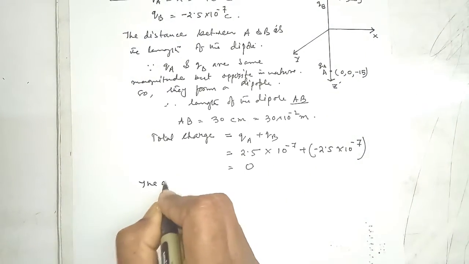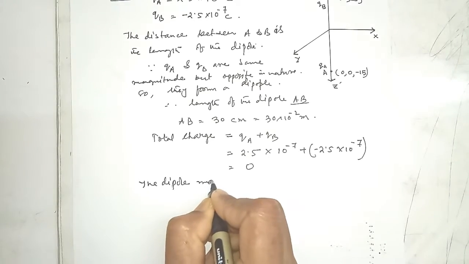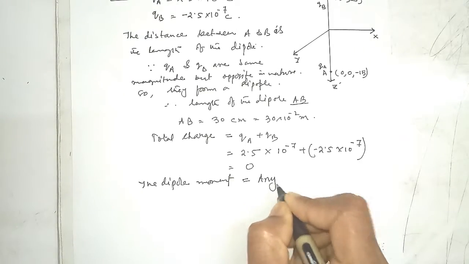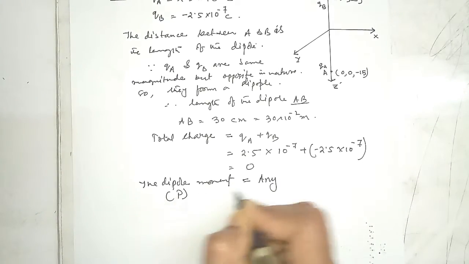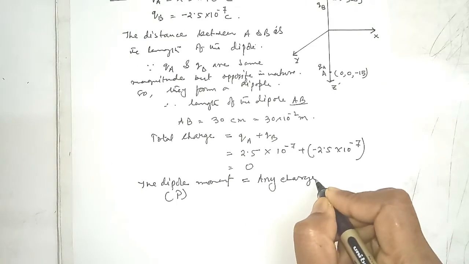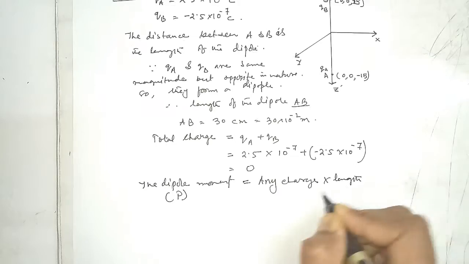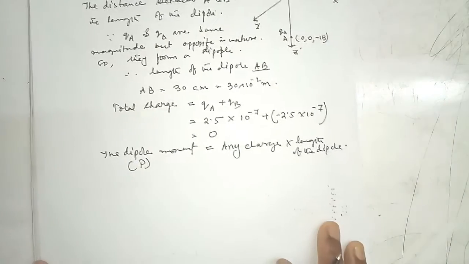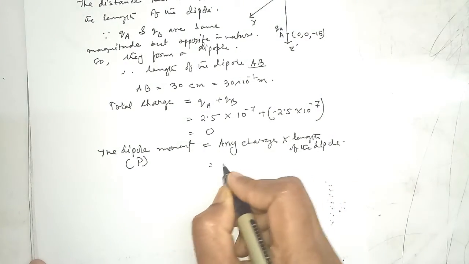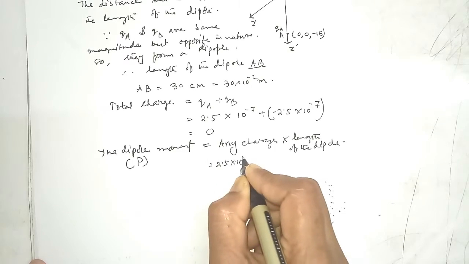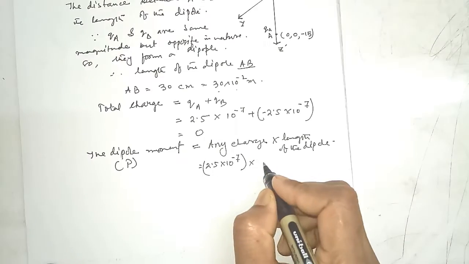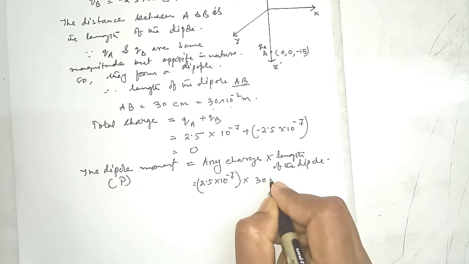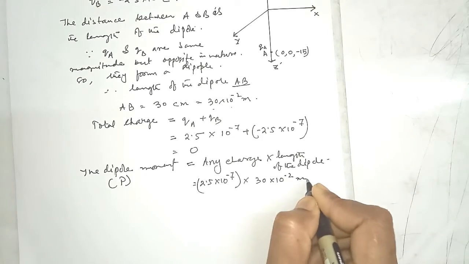So the dipole moment, also considered as P, equal to any charge into length of the dipole. So we consider any charge, that is 2.5 into 10 to the power minus 7, into length of the dipole, that is 30 into 10 to the power minus 2 meter.